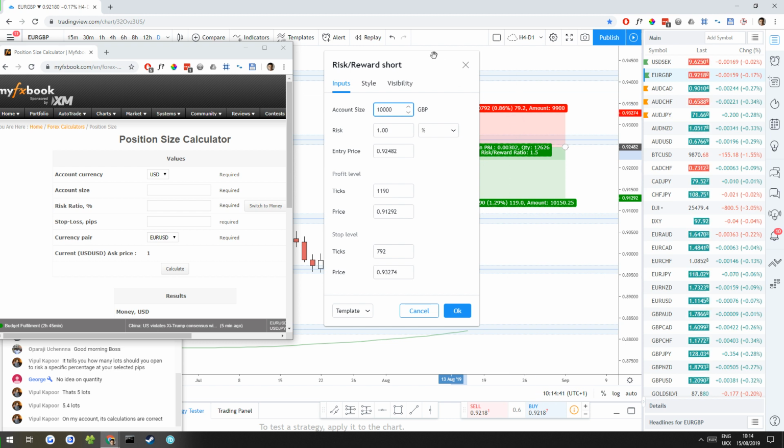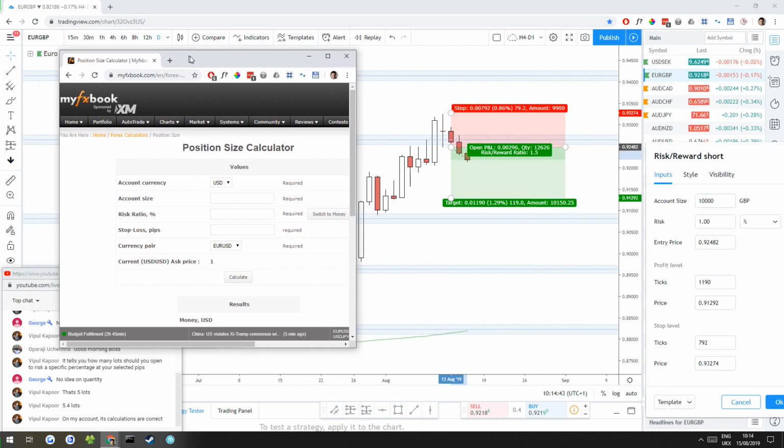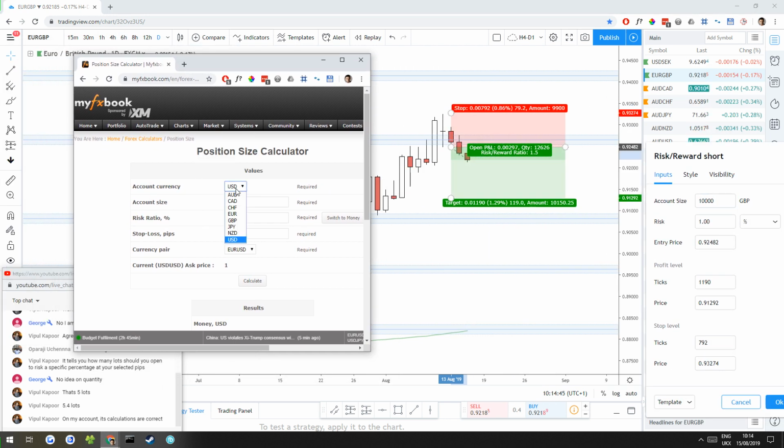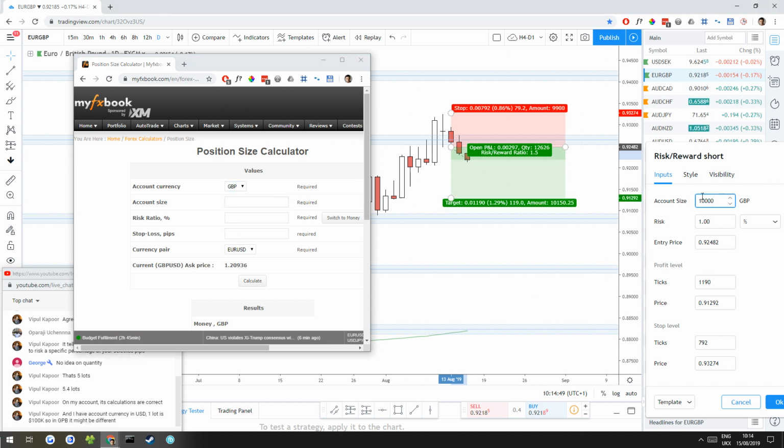So let's do this. Just gonna copy this over exactly so we don't make mistakes. 1% risk, stop loss size, 119 pips.